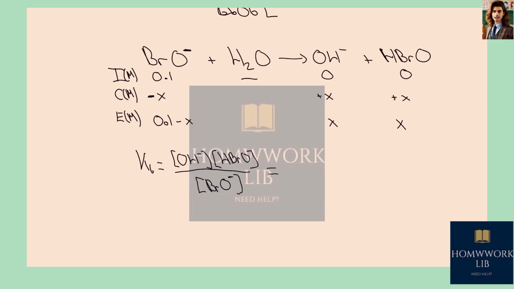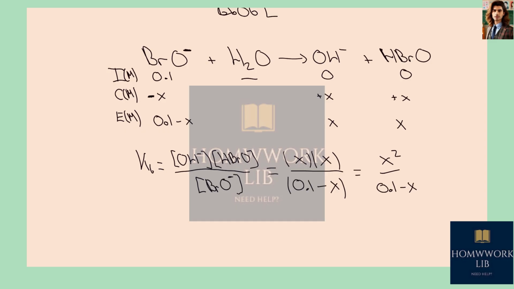For our case, this is going to be equal to X times X divided by 0.1 minus X, which is simply X squared divided by 0.1 minus X.